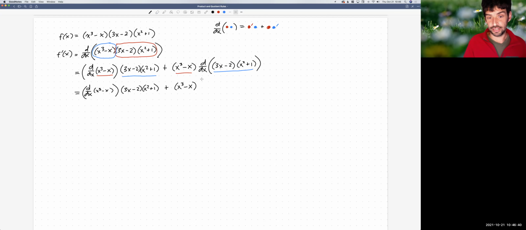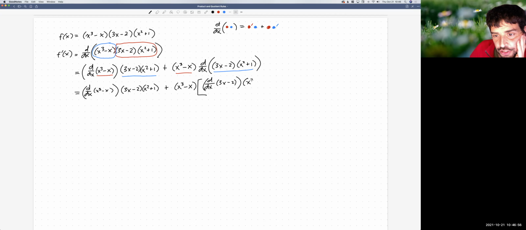So now I'm going to use the product rule and put it all inside these brackets. So what does the product rule tell me? Once again, I take the derivative of the first function and I leave the second function alone.